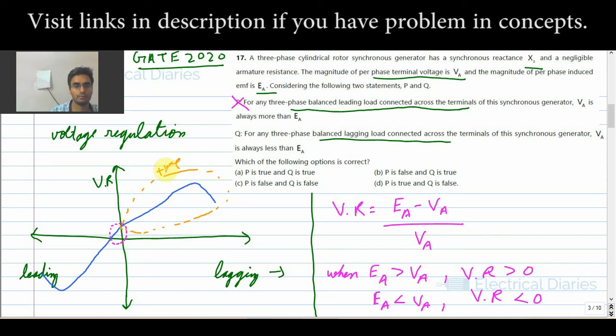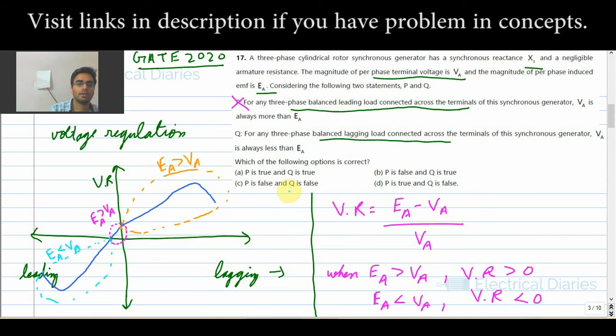See here, the voltage regulation, or I can write it in this fashion: EA greater than VA, and for this region again EA greater than VA, and in this region, voltage regulation, so EA less than VA.